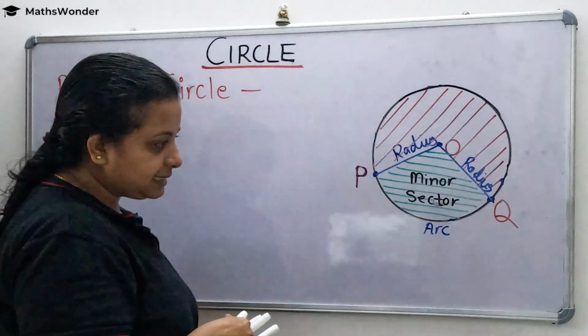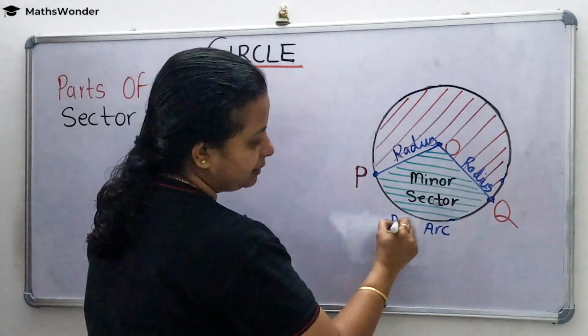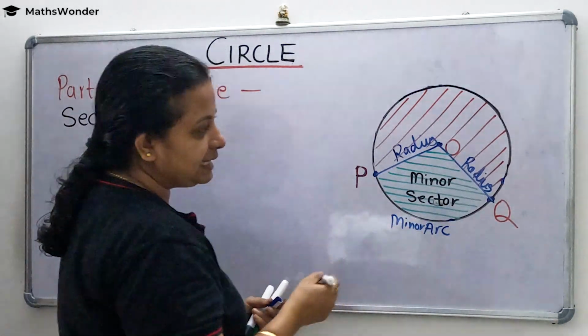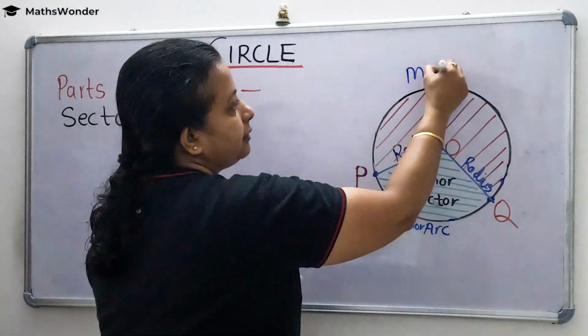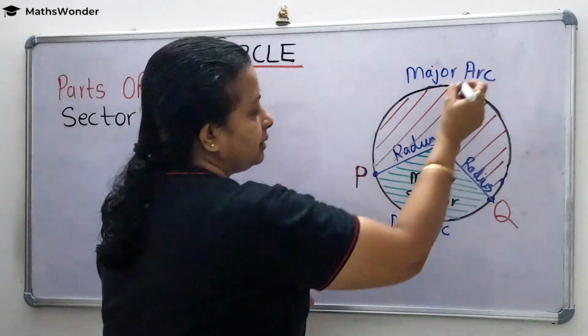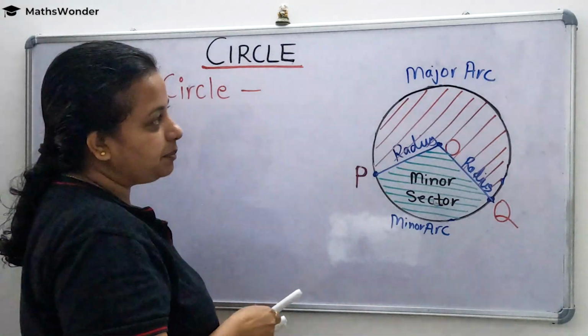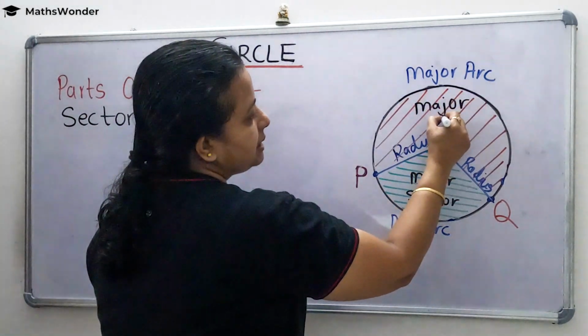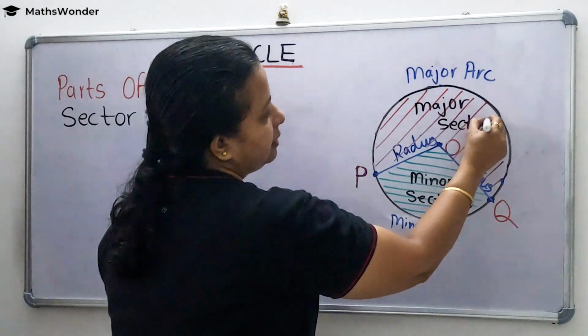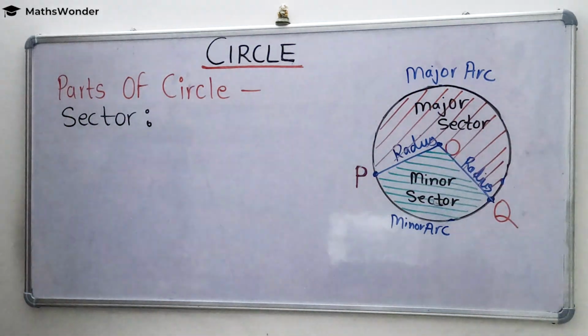Because this is the minor arc and this is the major arc, this portion will be the major sector. Understand the concept? Two radii with one arc will make a sector.